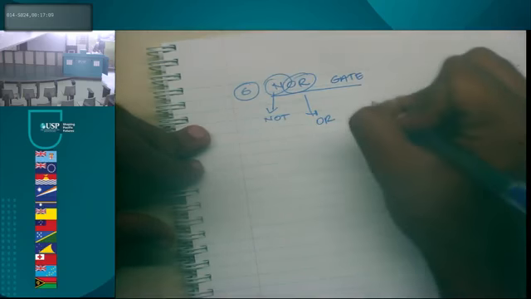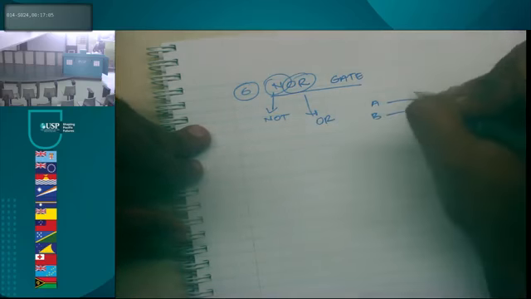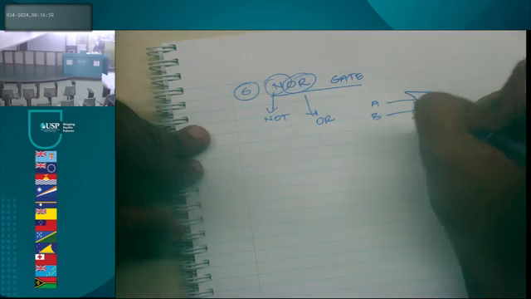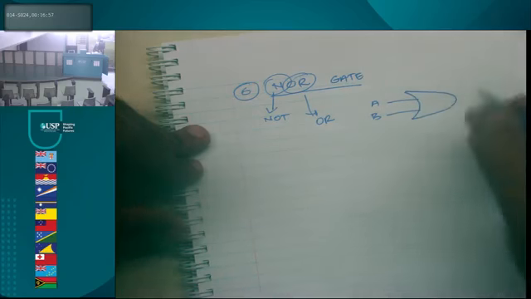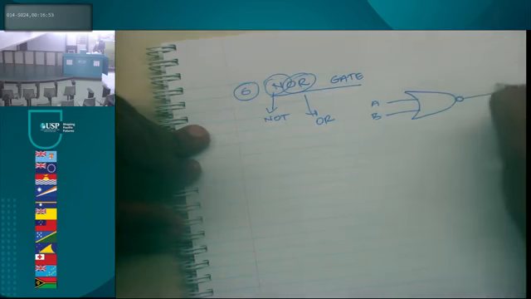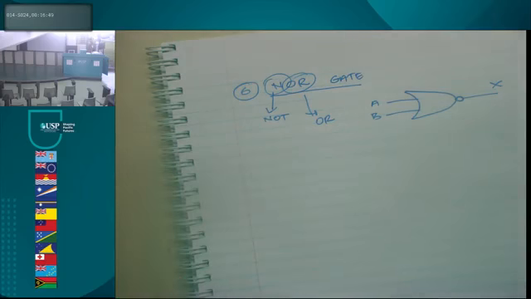So let's see how the symbol looks like. You basically have the same inputs, your OR gate symbol, and your notch, and your variable output. Let's keep it as X. Right?